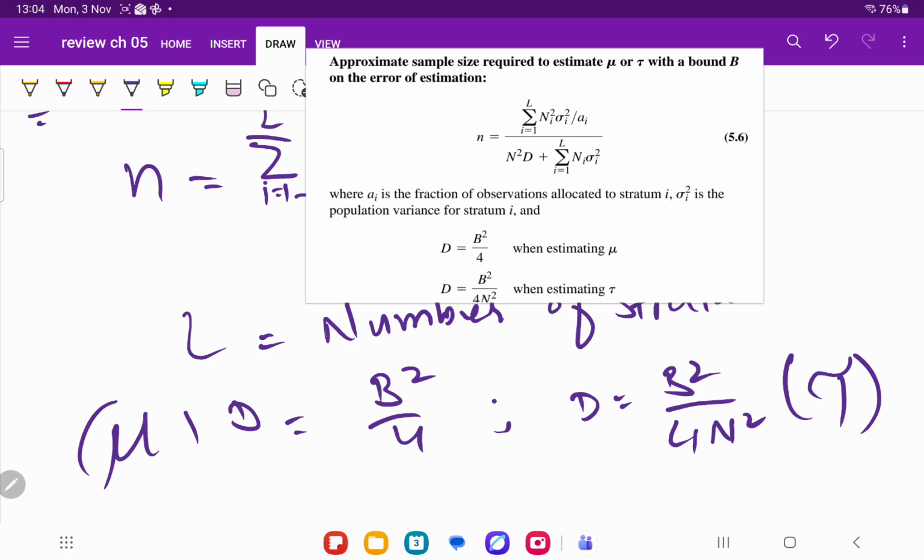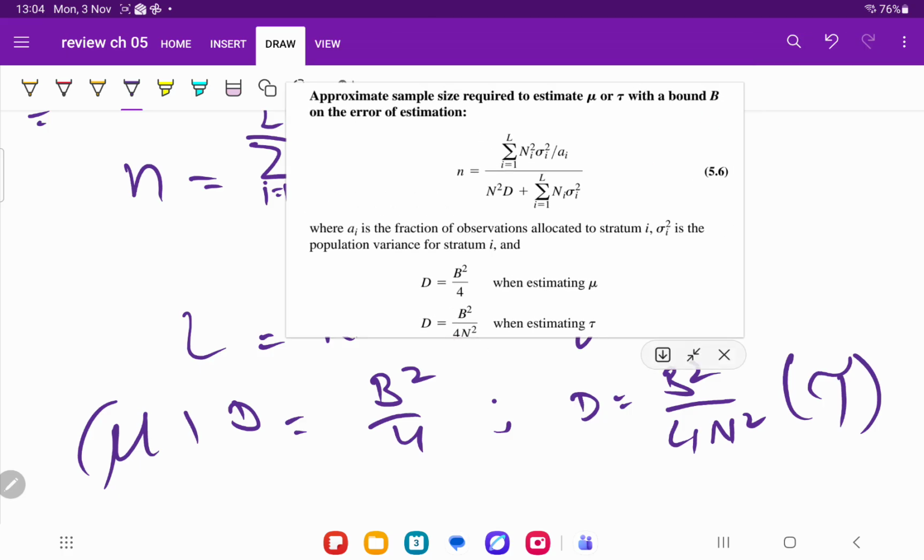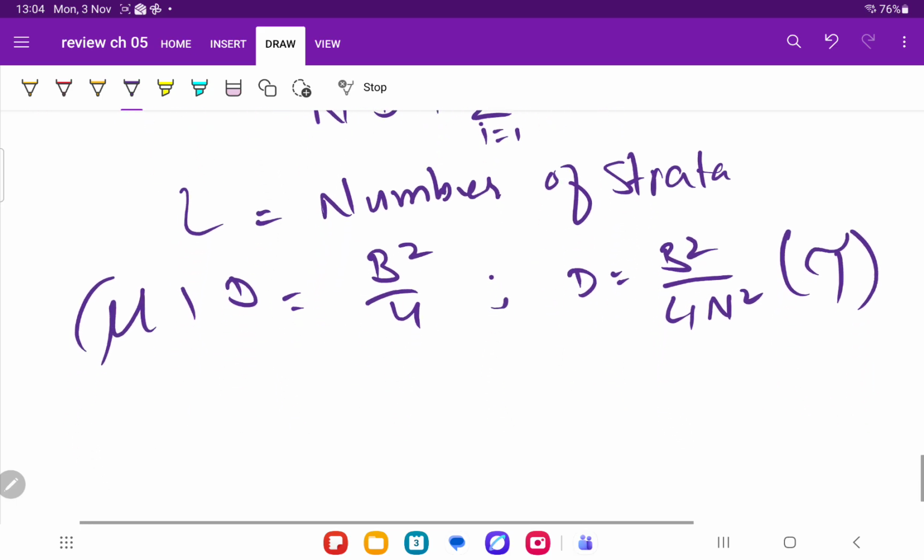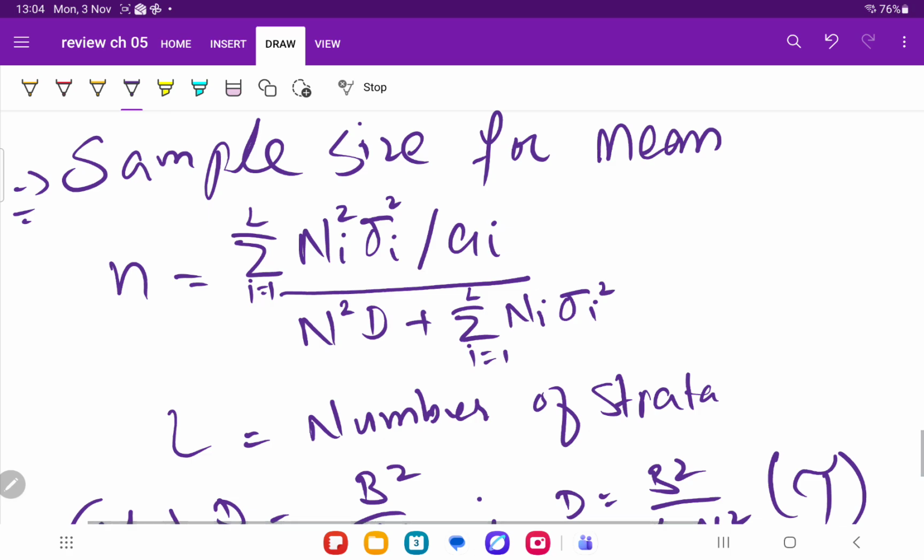So what is the important part here? The important part is the ai, that is the allocations.